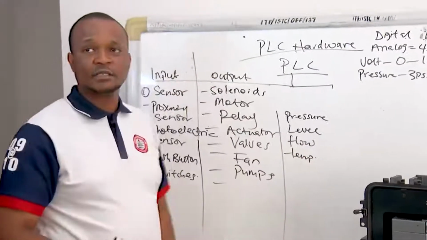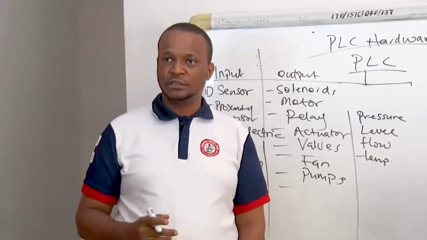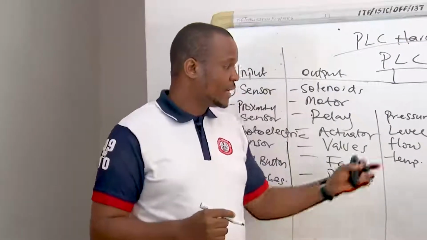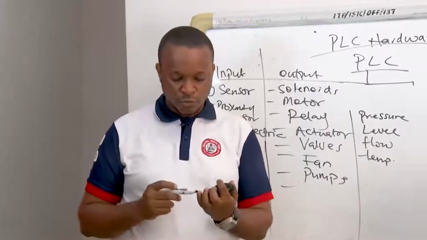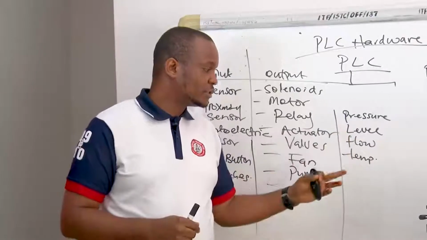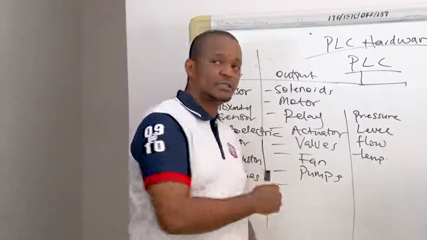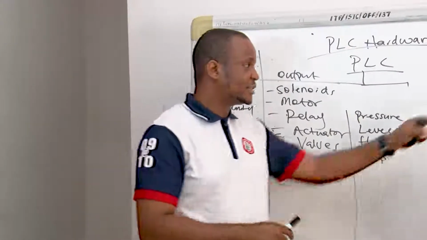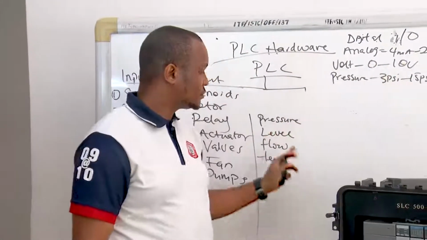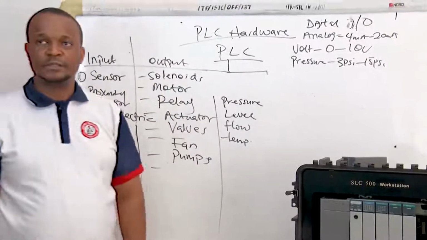Some of the devices that sense these don't actually give out 0 or 1, they don't give out digital signals. So such devices constitute inputs to what? Inputs to the input module. For example, you could have a pressure switch, a level switch, a flow switch. Those switches are already digital signals. But if they give signals between these ranges, these are not zeros and ones, so they can be connected to the input or output module, as the case may be.